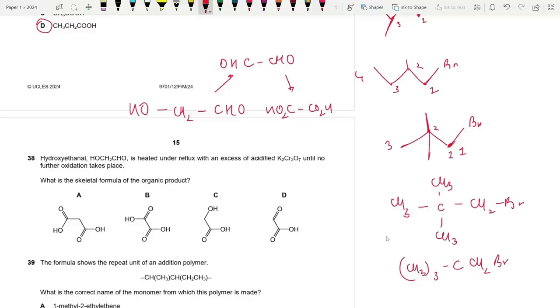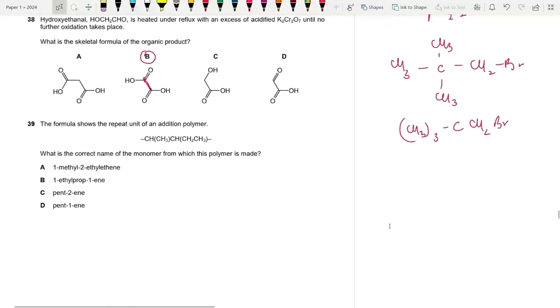But this breaks down to form carbon dioxide, but they just want the skeletal formula of the organic product. So it should actually be D, which is COOH, COOH. Aldehyde gets oxidized to form carboxylic acid. Primary alcohol also gets oxidized to form carboxylic acid.